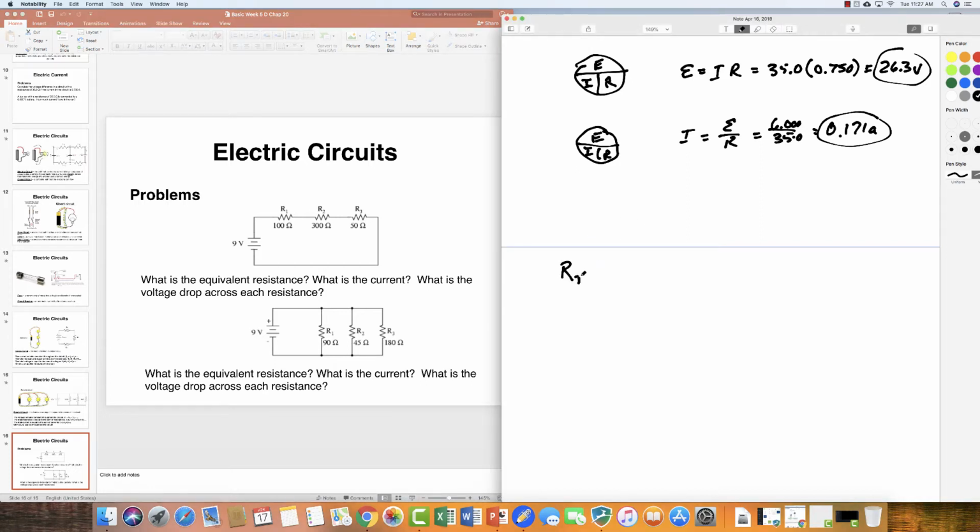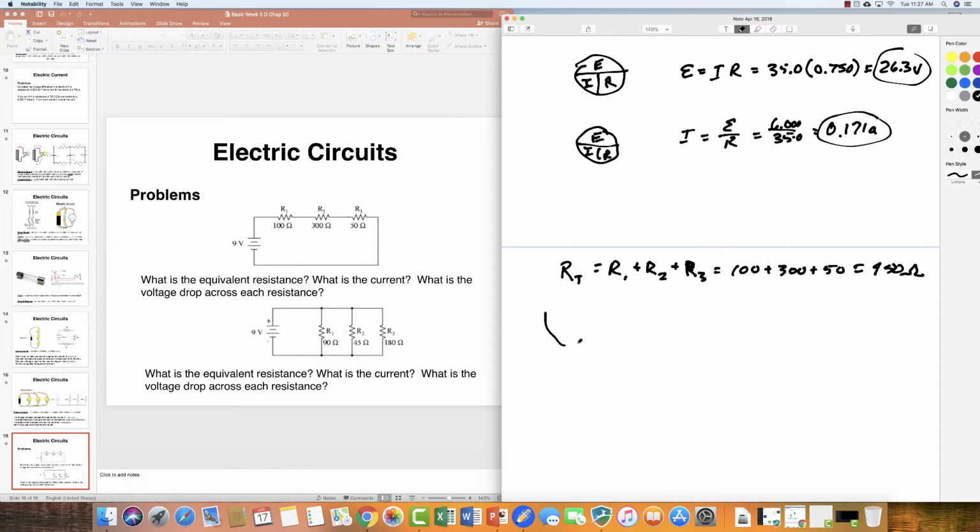So the equivalent or total resistance in a series circuit is equal to the sum of the three resistances that are shown here, which is going to be 100 plus 300 plus 50, or 450 ohms. So if we took these three out and put one resistance in that was equivalent throughout, then it would be a 450 ohm resistance. What is the current?